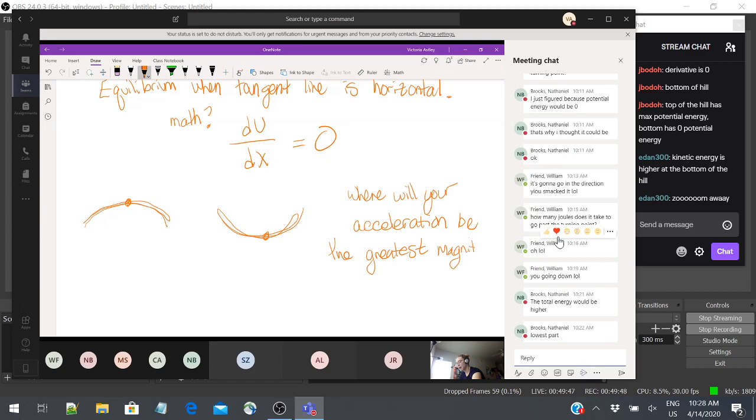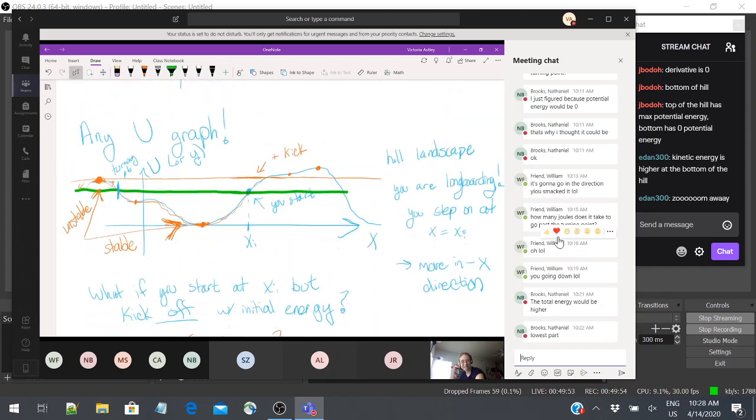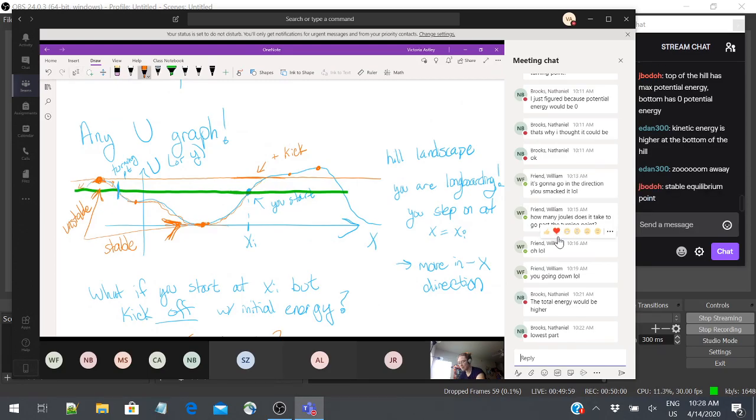So we're not going to worry about positive and negative, but just where do you have the biggest change in your speed? Is it going to happen at the bottom? Is it going to happen at the top? Is it going to happen like here at the turning point? Is it going to happen right here?